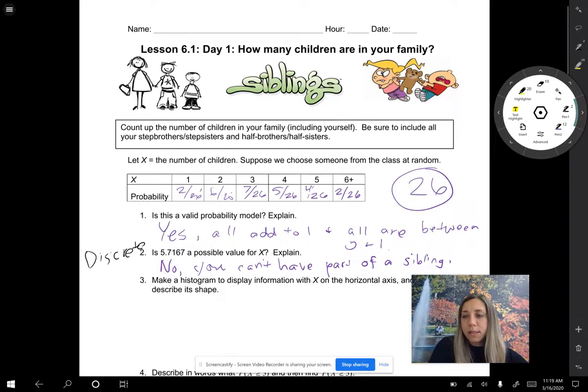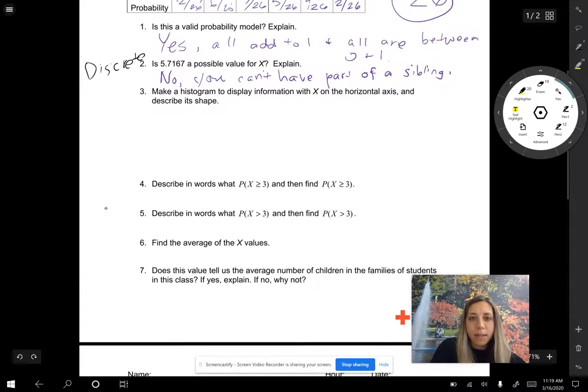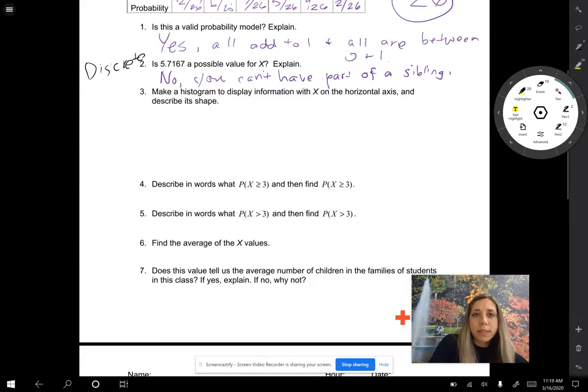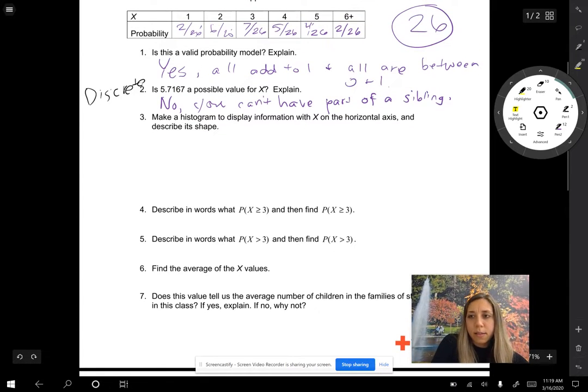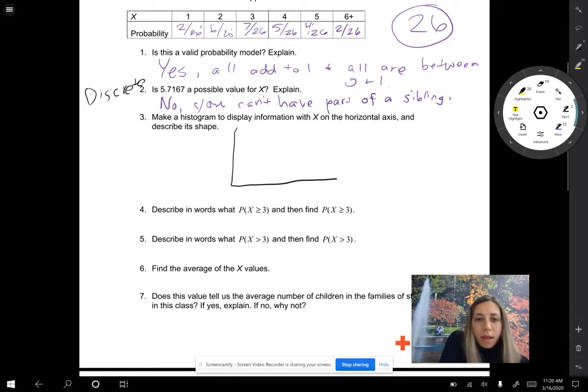So our next step here is to make a histogram to display this data. So really quickly, I'm going to draw out this histogram. You should draw yours along with me. And I'm going to label, make sure you always have labels. Hopefully my pen skills will get better as time goes on.